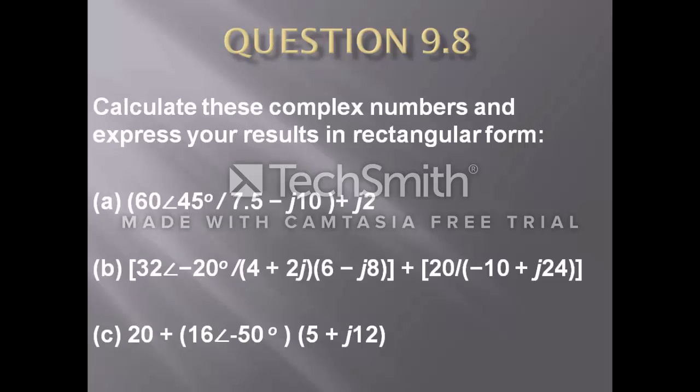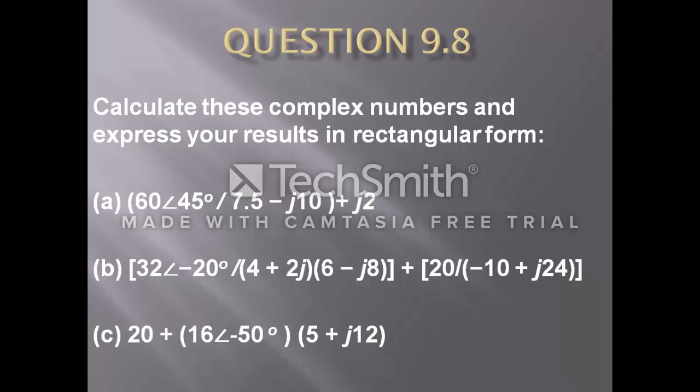Moving on to the next question, question 9.8. Calculate these complex numbers and express your results in rectangular form. A part: 60 with a phase angle of 45 degrees divided by 7.5 minus j10 plus j2.